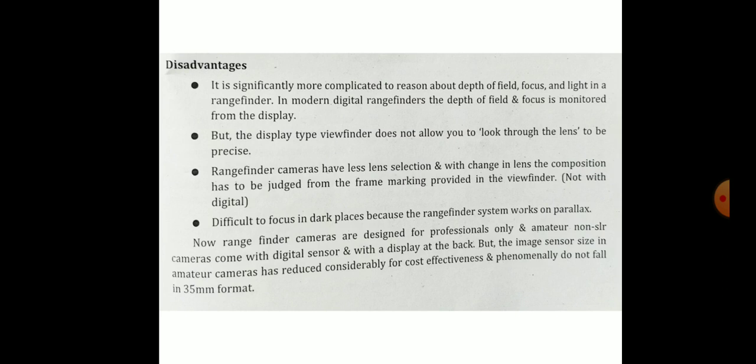It is also difficult to focus in dark places, because the rangefinder system works on parallax. So basically, the way an SLR can focus in dark areas, rangefinder cameras cannot work in the same manner in dark places.